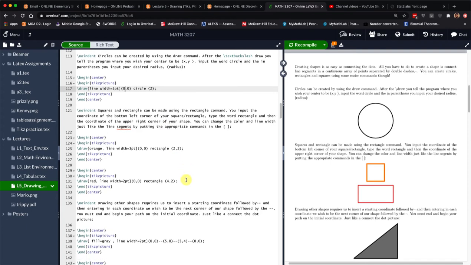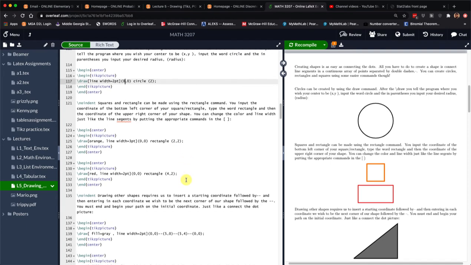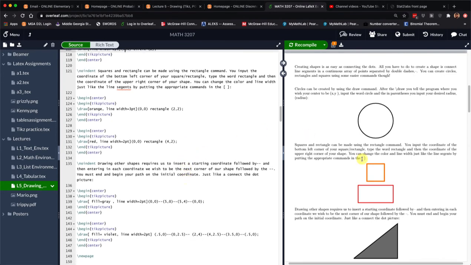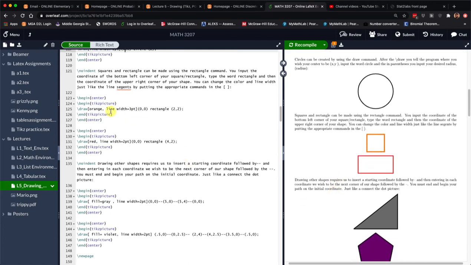Rectangles can be drawn a couple of different ways, but there is a rectangle command. So squares and rectangles are pretty simple as well. For these two, the square and the rectangle I have below here, basically what the Tikz picture does is it asks you to set the bottom corner of your square or rectangle somewhere, and then type the word rectangle, and then put your upper corner over here.